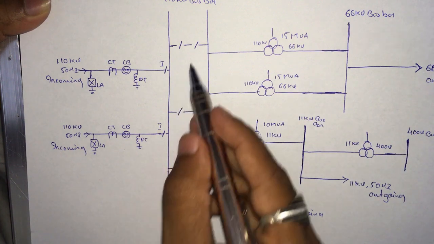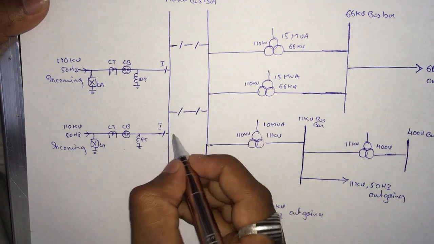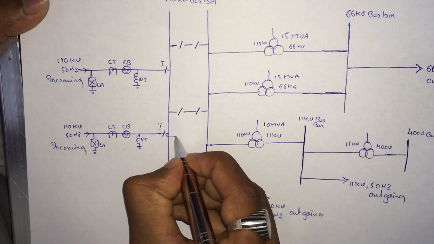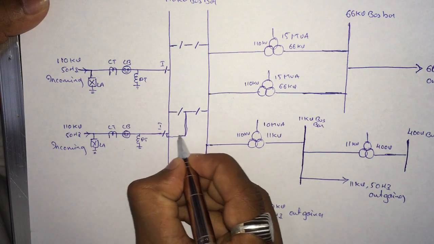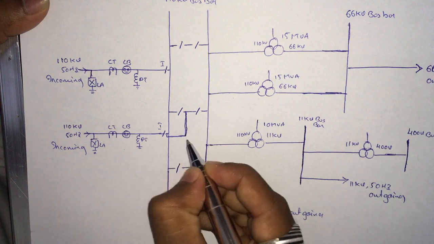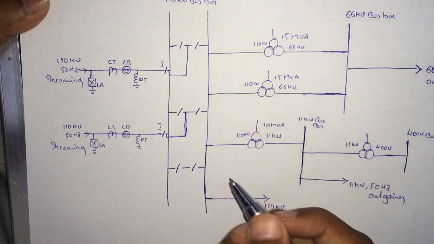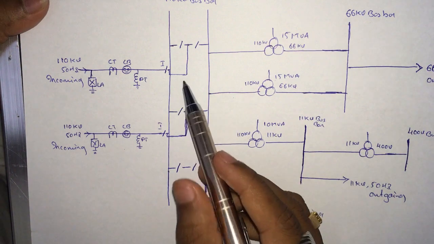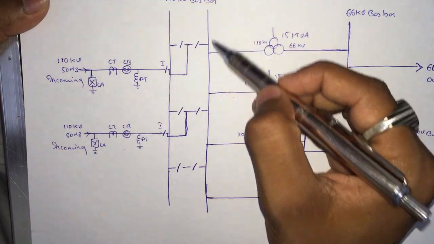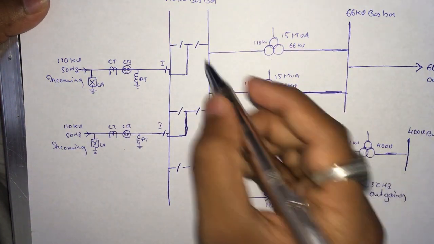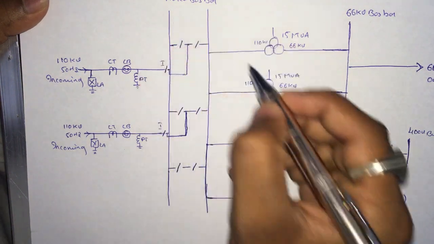The opening and closing of isolators can be used. Okay, the connection to the incoming lines are taken from here, so that if one bus bar fails, you can use the other bus bar for connection.